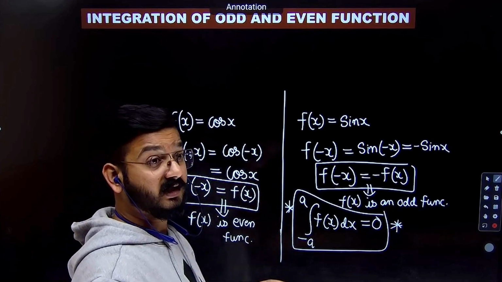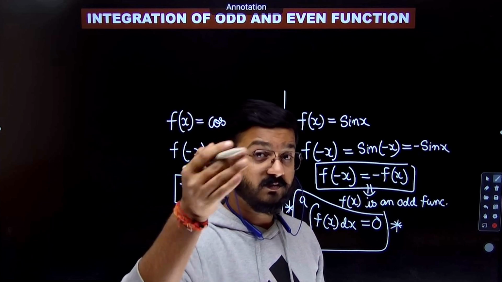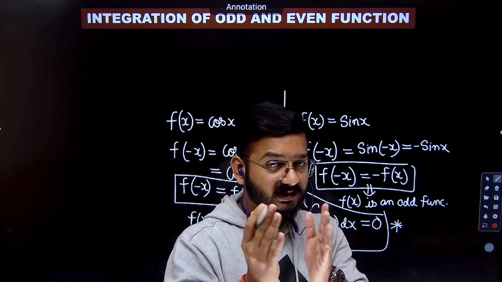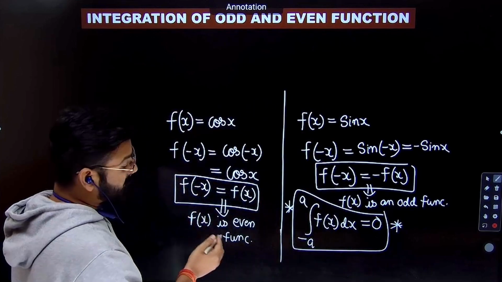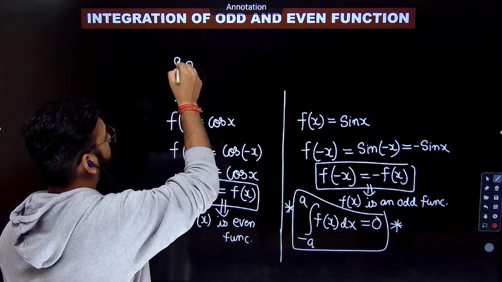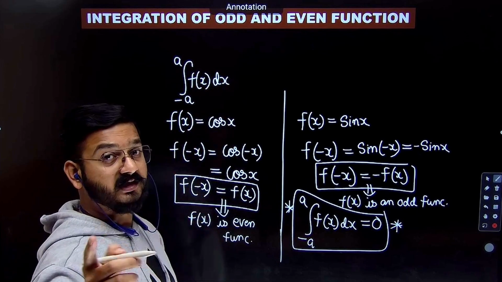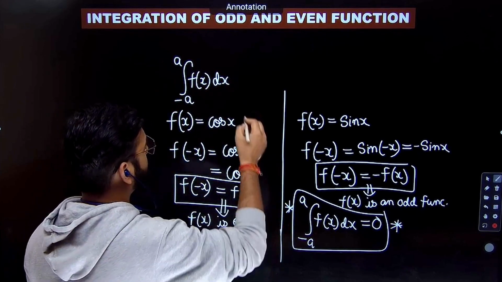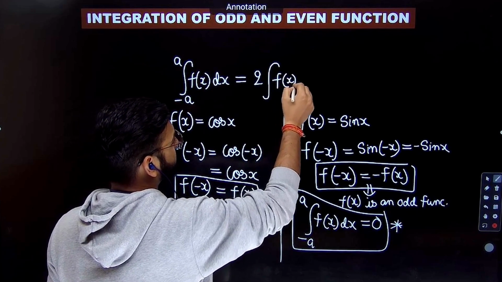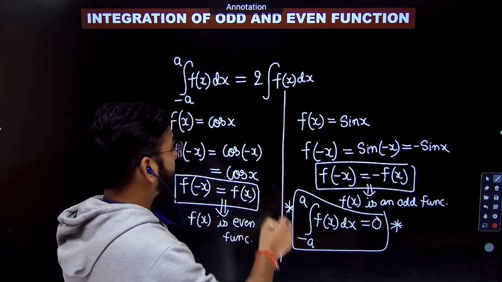Now, what will happen if the function is even? The limit will be from minus a to plus a. But how will you integrate it? Is there any property? Yes, there is. Let's understand. The property for the even function is: if you integrate an even function from minus a to plus a, the integration will be 2 times the integration of the function, but this time the limit will be from 0 to a.